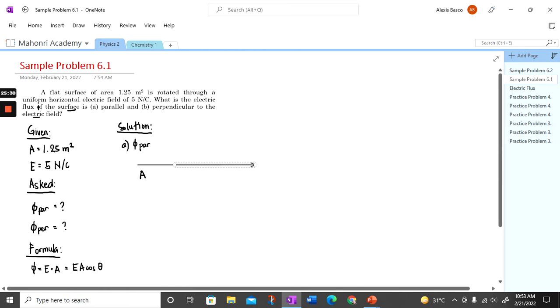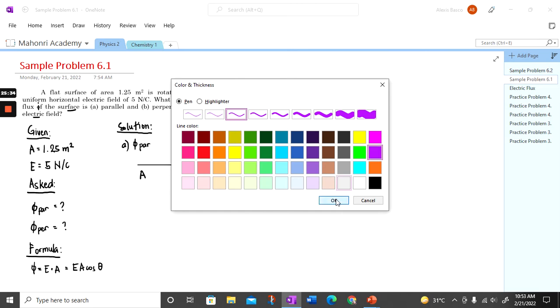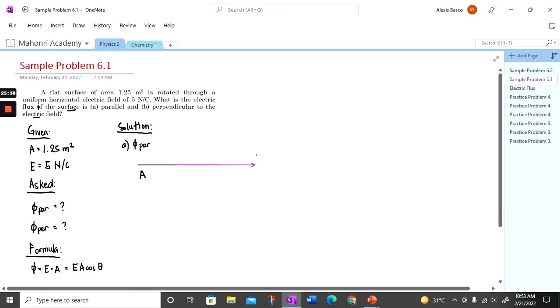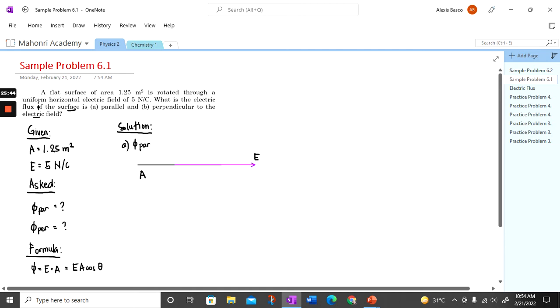Let me just change this color. So this is my E. What that means is that my N should always be perpendicular to my surface. So my N should be going this way.